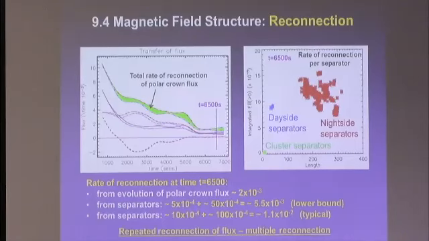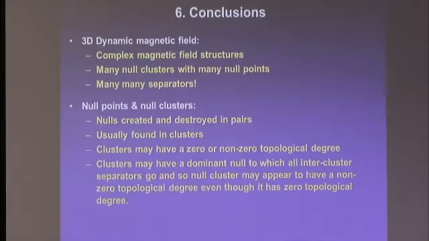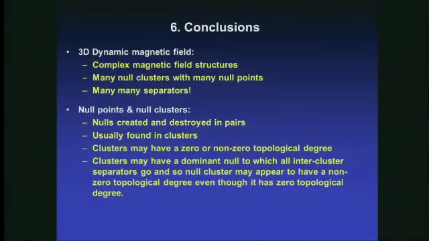This is because this approach of looking at the flux is not very good. It doesn't actually measure all the flux that's being reconnected. You need to look at the integral of E-parallel. These are giving you much higher estimates. But further work needs to be done to properly understand and explain this. So to finish, 3D magnetic fields are highly dynamic.